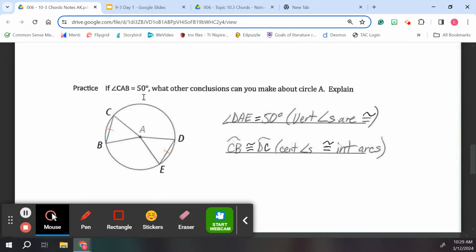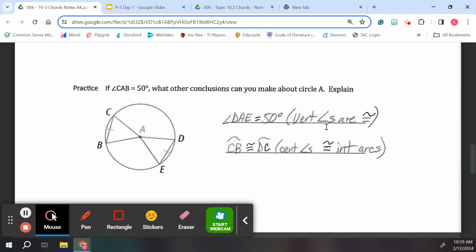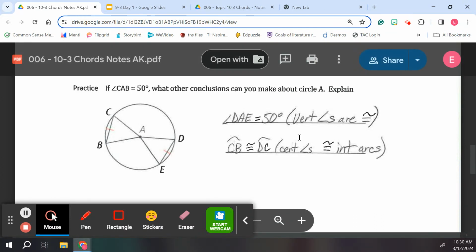If CAB equals 50 degrees, what other conclusions can you make about circle A? Explain. Well, DAE would have to be 50 degrees. That's not true, guys.